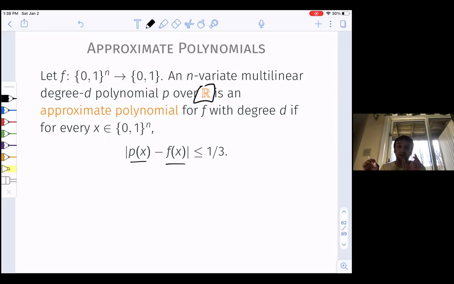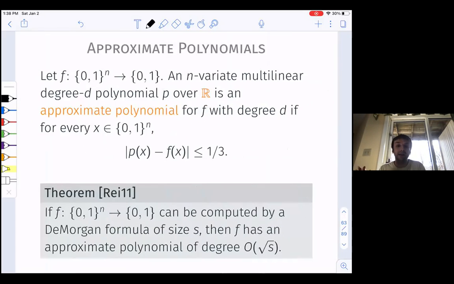So this polynomial p always tells apart zeros of f from ones of f. At 0, it can output maybe 1/3. At 1, it can output 2/3, but there is always a gap between them. Okay, so this is what approximate polynomials are.